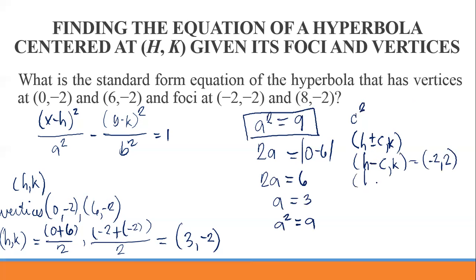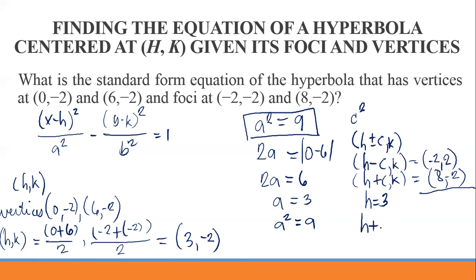And then (h + c, k) is (8, -2). So, we can use the x-coordinate from either of these points to solve for c, using the point (8, -2) and substituting h, which is equal to 3.